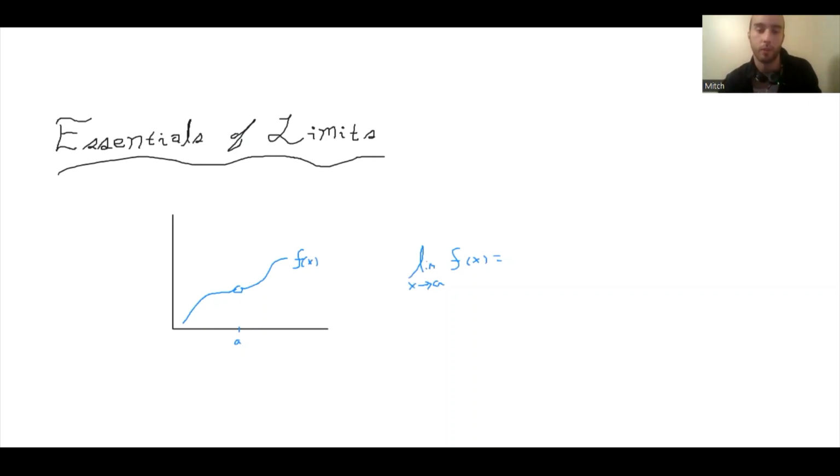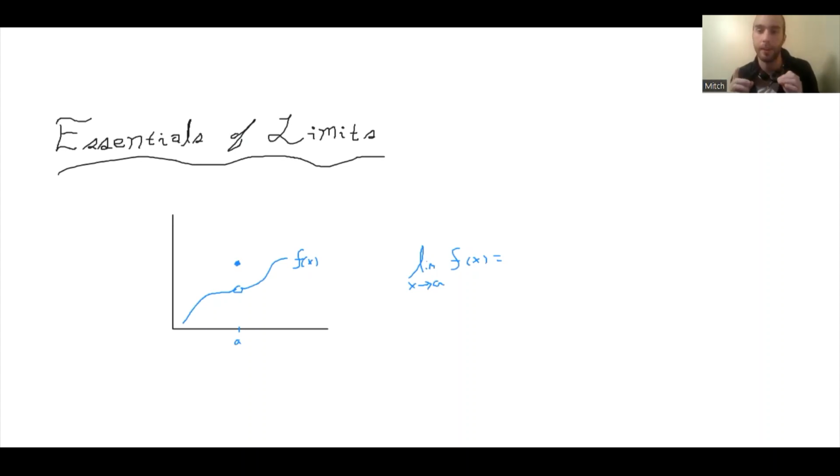So even if this function is defined, and let's say it just has a single point somewhere up here, that doesn't matter. You don't care if the function's actually defined at this point. If the function exists at this point, if it's defined somewhere else, it has that weird jump, it doesn't matter. Or if it's a straight line, the whole point of the limit is what is happening close to that point.